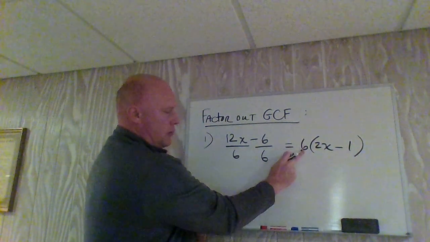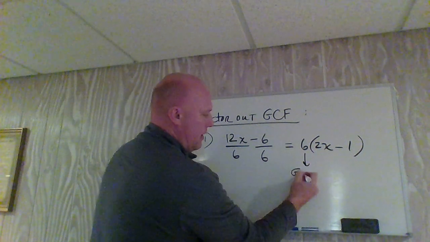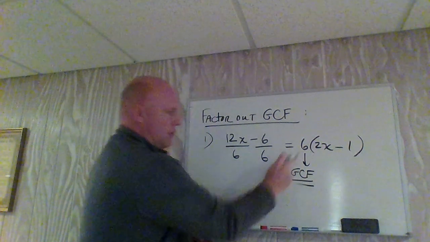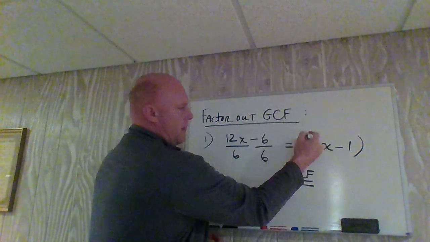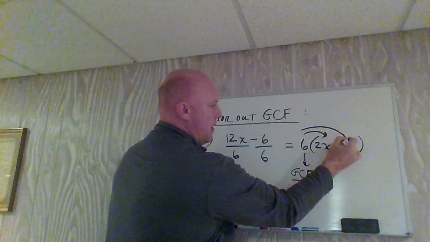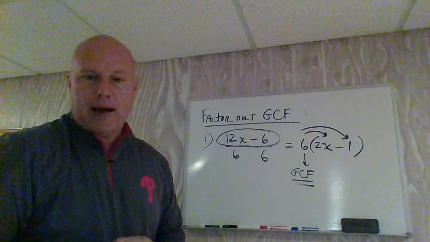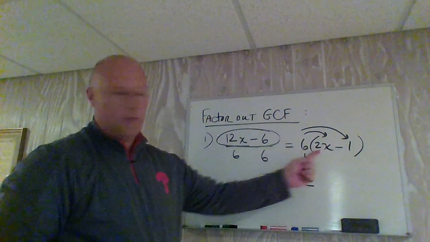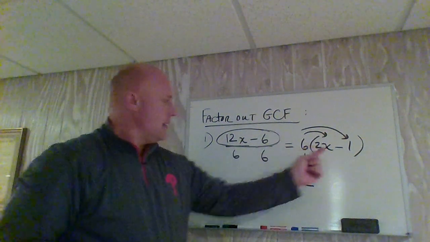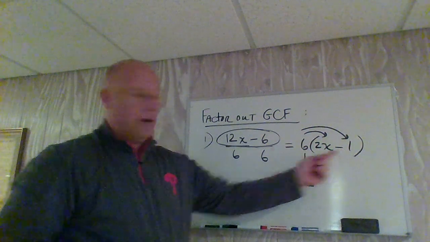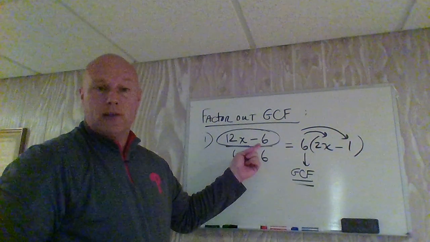This 6 is the greatest common factor that we took out. If we redistributed, we should get the original expression back. 6 times 2x would give you 12x, and 6 times negative 1 would give you negative 6. So now we're back to where we started.